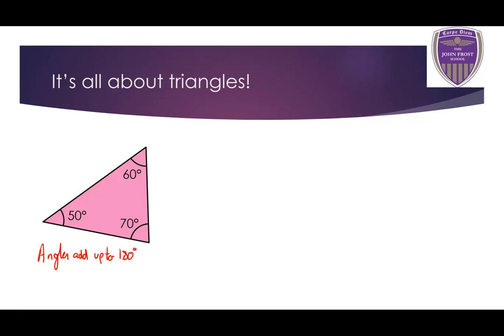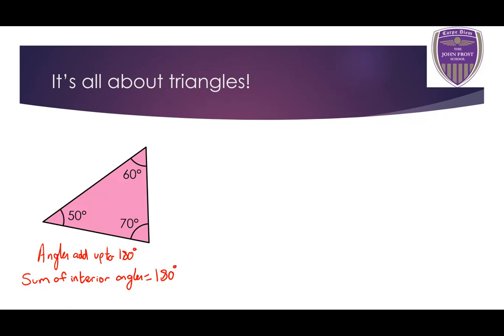And we would call this the sum of interior angles equals 180 degrees. Another way of saying that is the sum of the interior angles is 180 degrees.